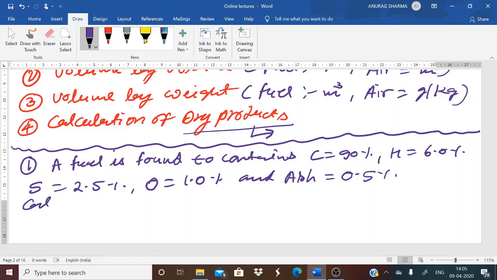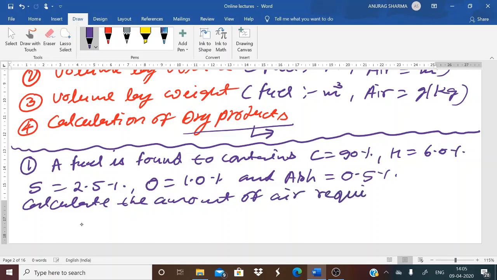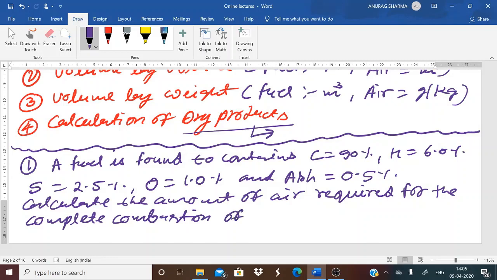Now calculate the amount of air required for the complete combustion of 1 kg fuel. This is our numerical.